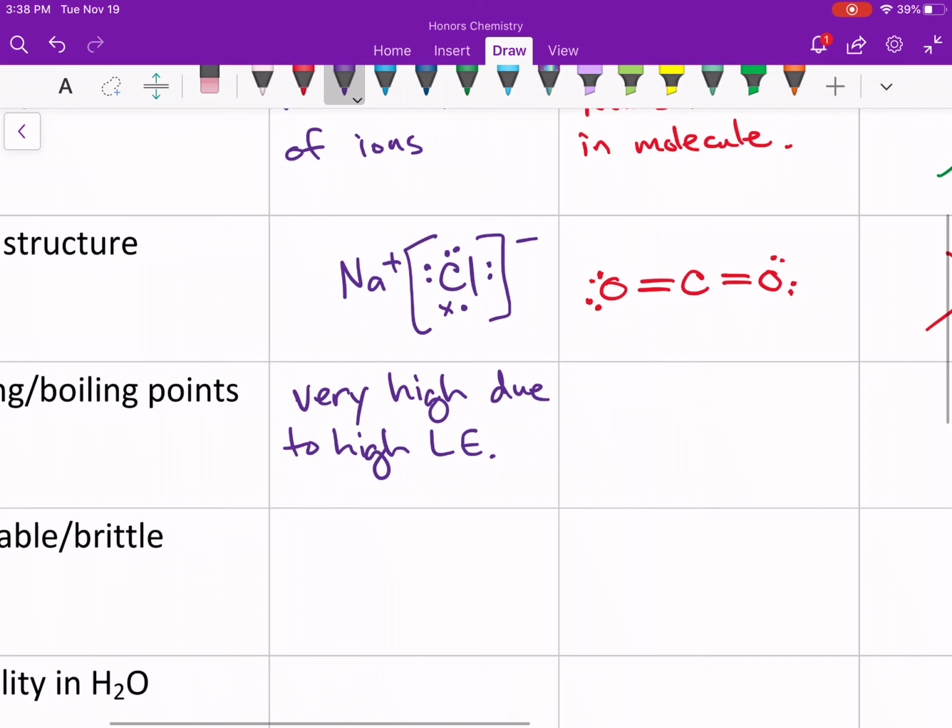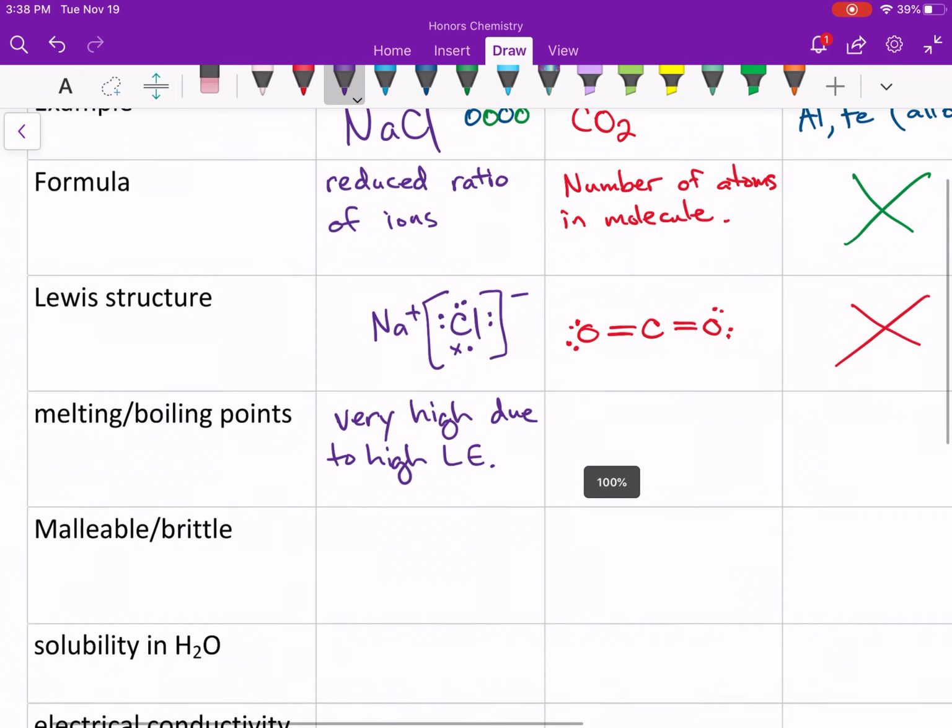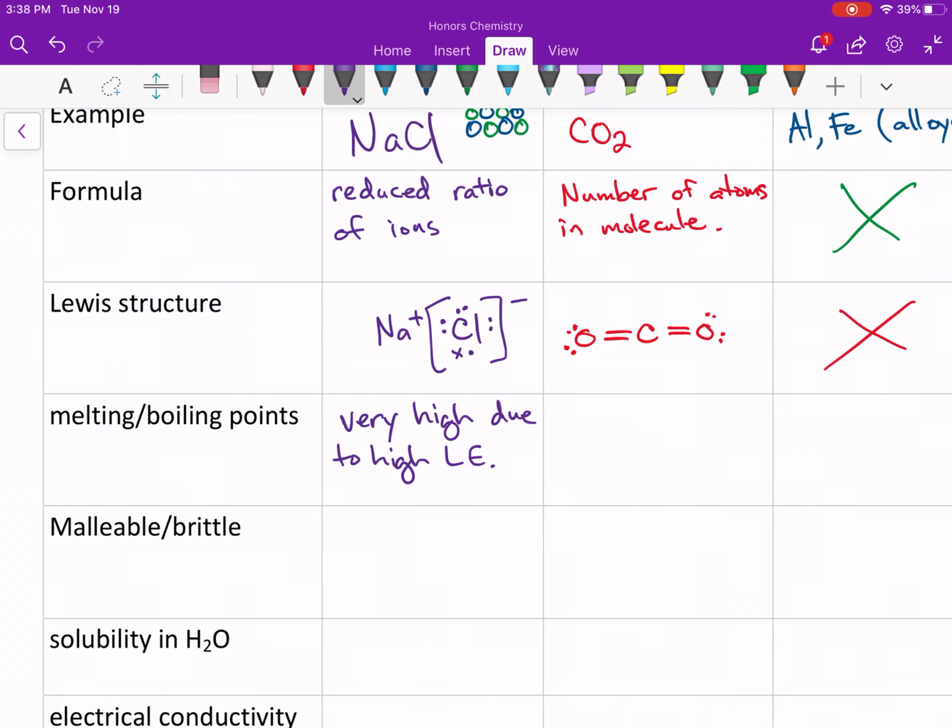And then when it comes to covalent compounds, they tend to be a bit lower. So we would say most are low. Like CO2, of course, is a gas at room temperature. And there are some higher ones. I mean, you have some exceptions like graphite and diamond and things like that with extremely high melting and boiling points.